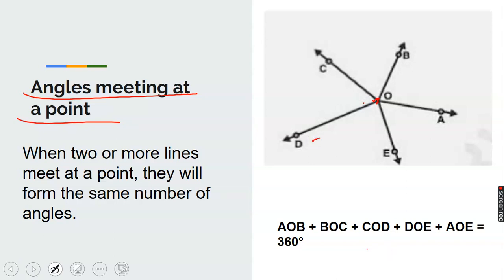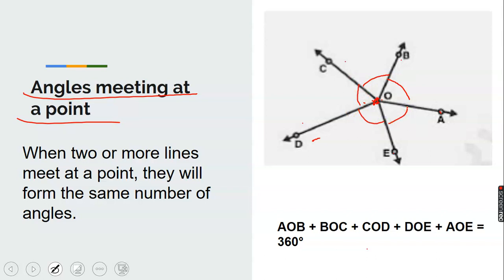For instance, look at this. We have 1, 2, 3, 4, 5 lines meeting at point O. If you count, they form the same number of angles: 1, 2, 3, 4, 5.